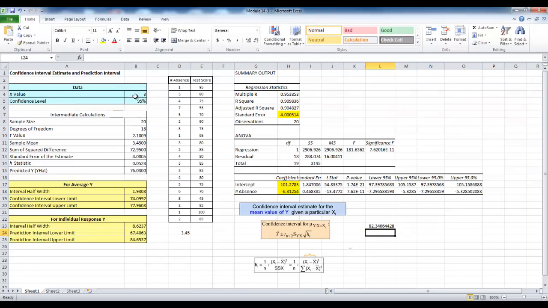It equals 82.34, and let's show more decimals: 82.3406.